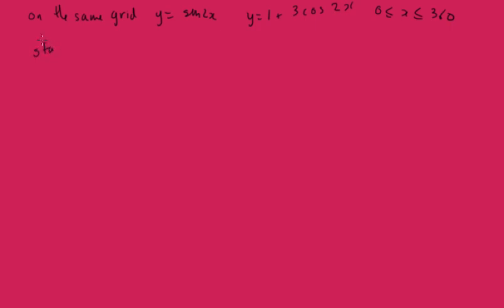And state the number of solutions of the equation 2 sine x equals 1 plus 3 cosine 2x.